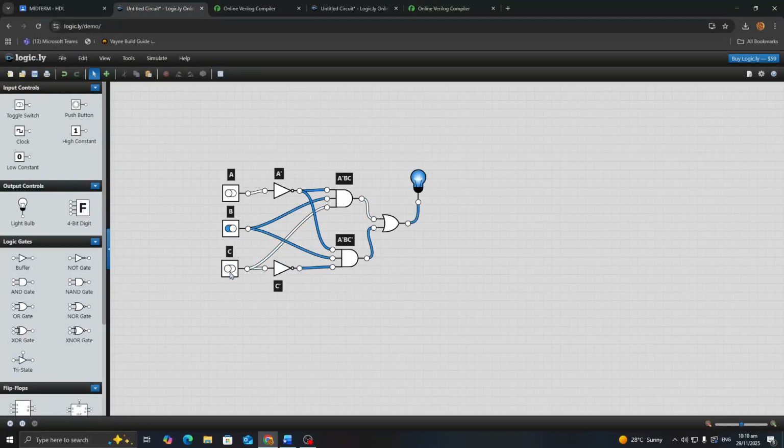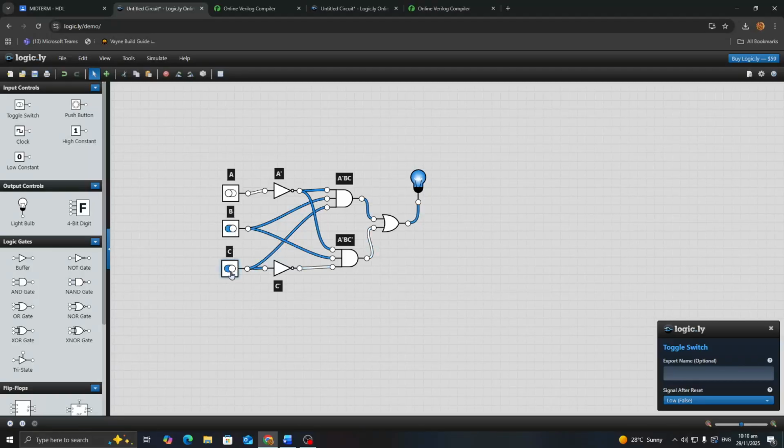Now, why do we think that is? It's because of the gates. As we can see here, we only need at least one, right? But if we switch A on, no gate activates because A is connected to both AND gates and it affects both gates.